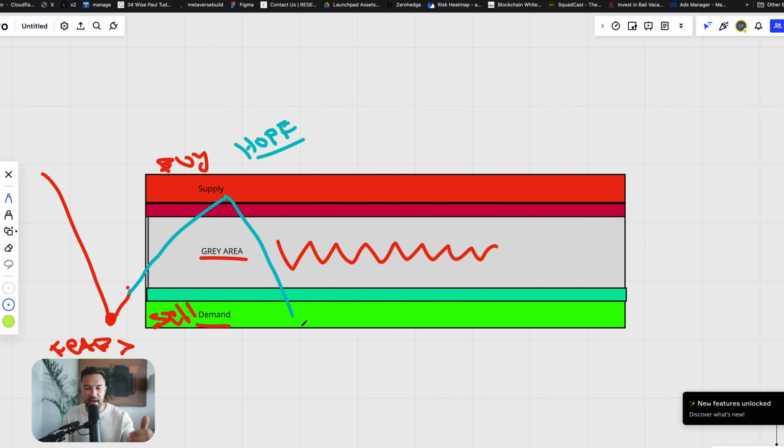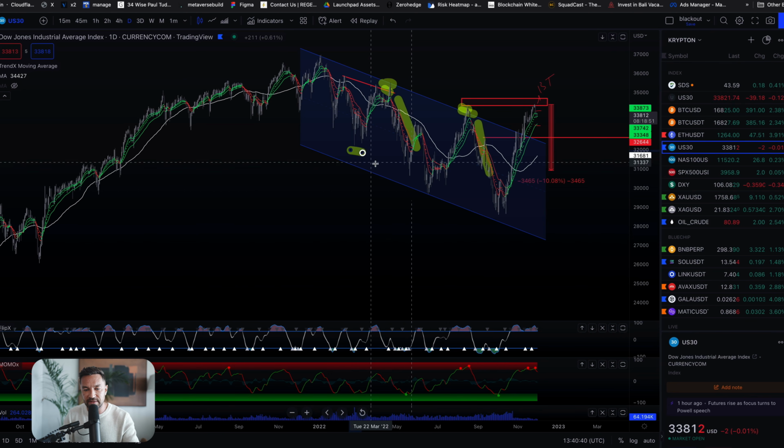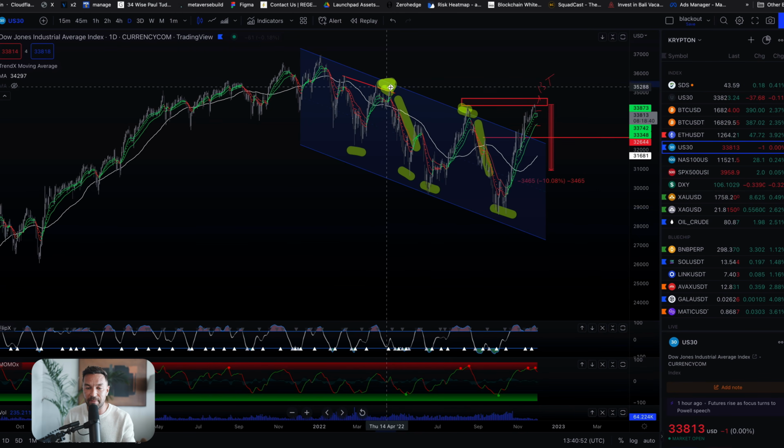So typically when you see any sort of market or asset, it trades in some sort of range between a high and low, and that's what we call the supply and demand of the market. And so typically what you want to be doing is identify those patterns, such as we looked at here on the US 30. This is supply up here. This is demand. You need to understand technical analysis to be able to understand where the supply and demand zones are, and then learn how to have the emotional discipline to be selling up here and buying down here, such as me shorting.